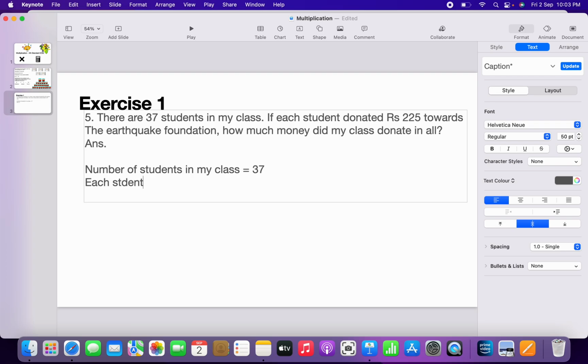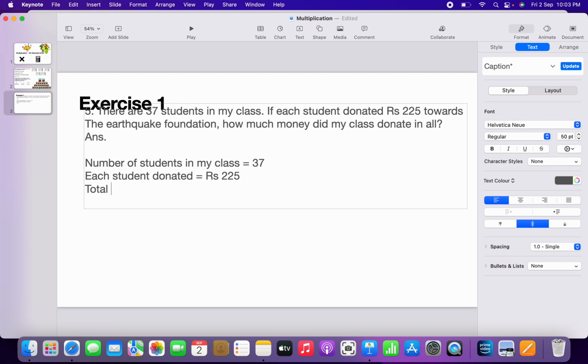Each student donated rupees 225 towards the earthquake foundation. Total donation by class towards earthquake foundation is equal to 225 times 37. That would be how much?